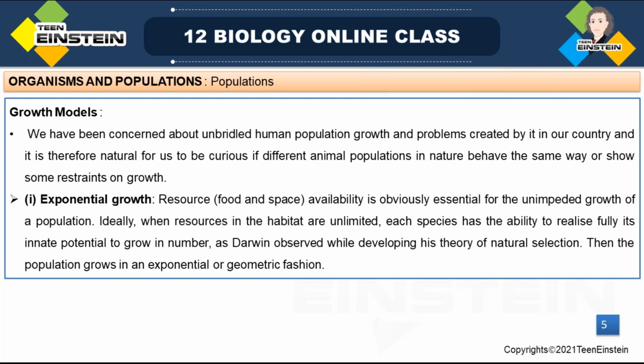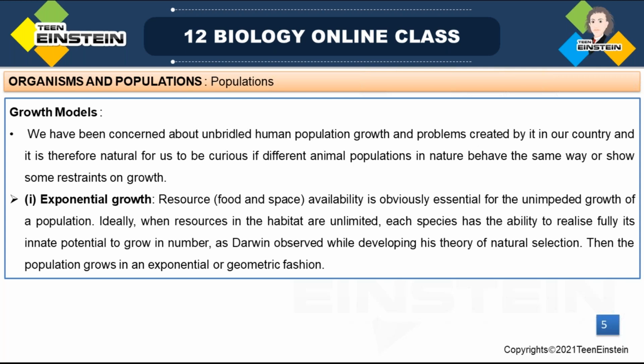A natural increase, because there is maximum or unlimited availability of food and space. So these organisms will grow at their maximum and their reproduction will also be more, because growth resources are available in an unlimited way.